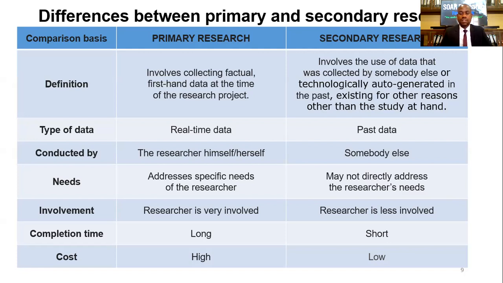In terms of involvement in secondary research, the researcher is less involved. At times, if the study was done in your own organization, you may have had some interaction with it. But in the normal sense, in secondary research, the researcher has no previous exposure to that. And then completion time, when you use routine data or when you do secondary research, it's a bit shorter and the cost is always low.